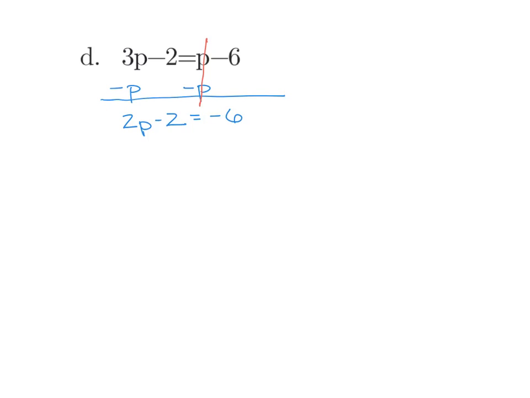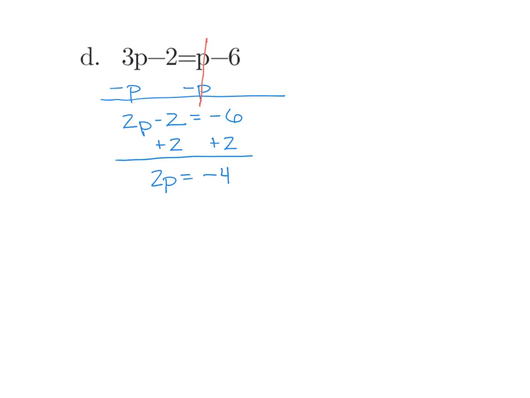Since my variables are on the left, I want to move my constants to the right, so I'm going to get rid of my minus 2. I'm going to add 2 to both sides. And we get 2p equals negative 4.